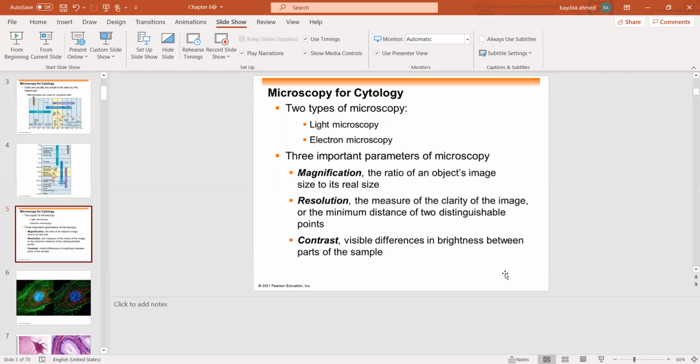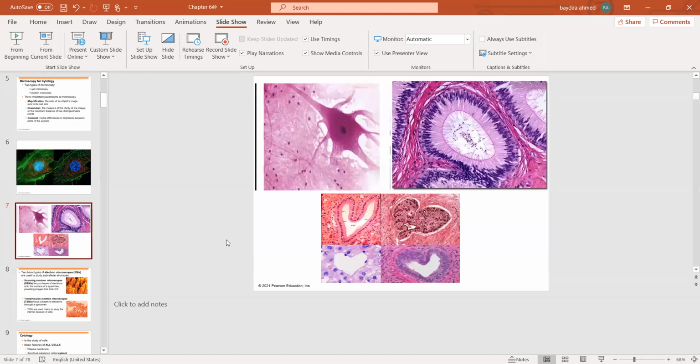They also used staining, special staining. Here they use hematoxylin and eosin, H&E staining. That stained the nucleus dark blue or dark purple, and eosin stained the cytoplasm and other components like muscles in three shades. Here we had a neuron stained with hematoxylin and eosin.